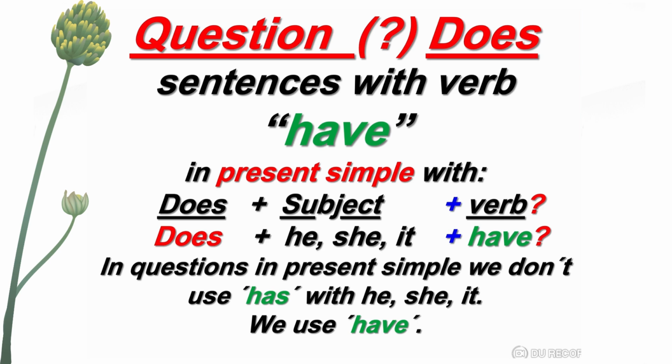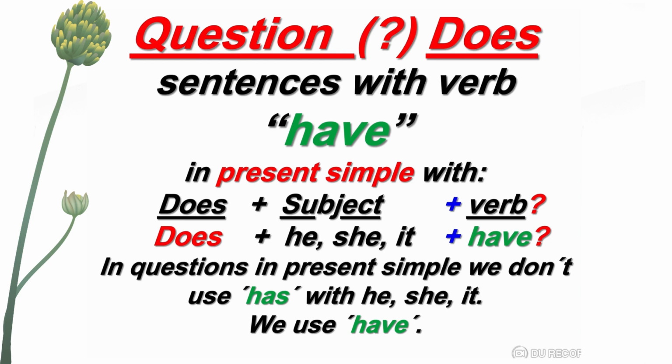So we have does he have, does she have, does it have. If you write does he has, does she has, does it has, it's not correct. When we have does, we don't use has, we use have. In questions in present simple, with he, she, it, we use have.